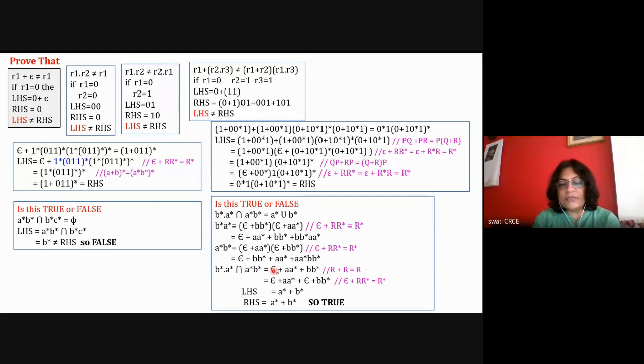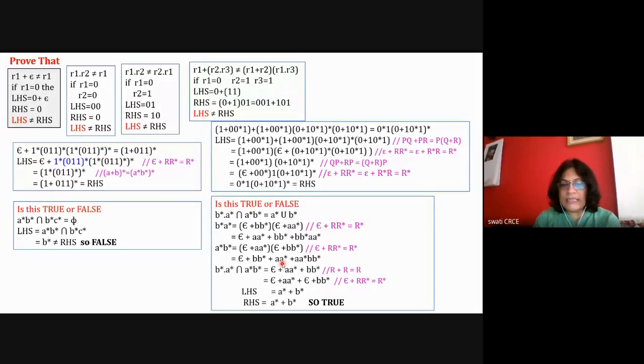But we can say that epsilon plus epsilon is equal to epsilon, since R plus R is equal to R, and I am getting epsilon two times. Then epsilon plus AA star is nothing but A star, and epsilon plus BB star is nothing but B star.